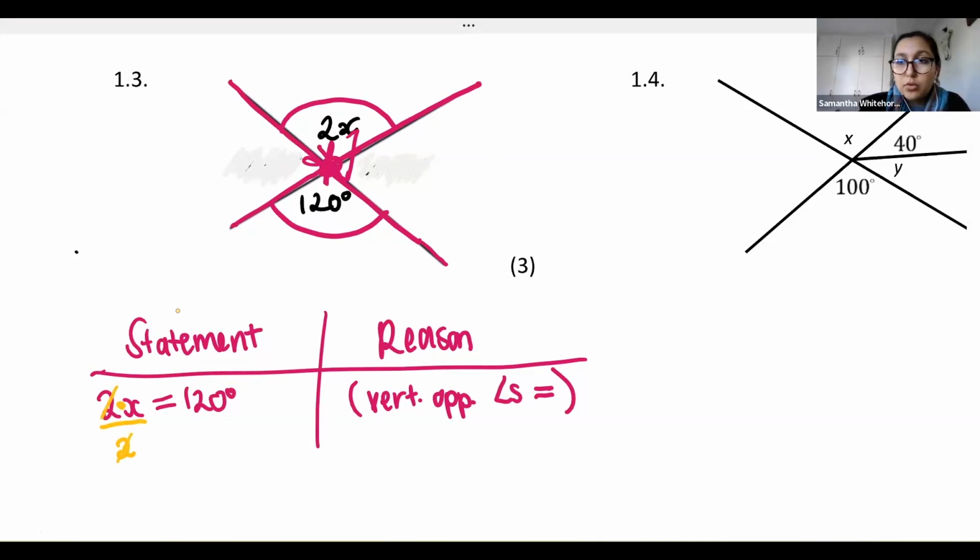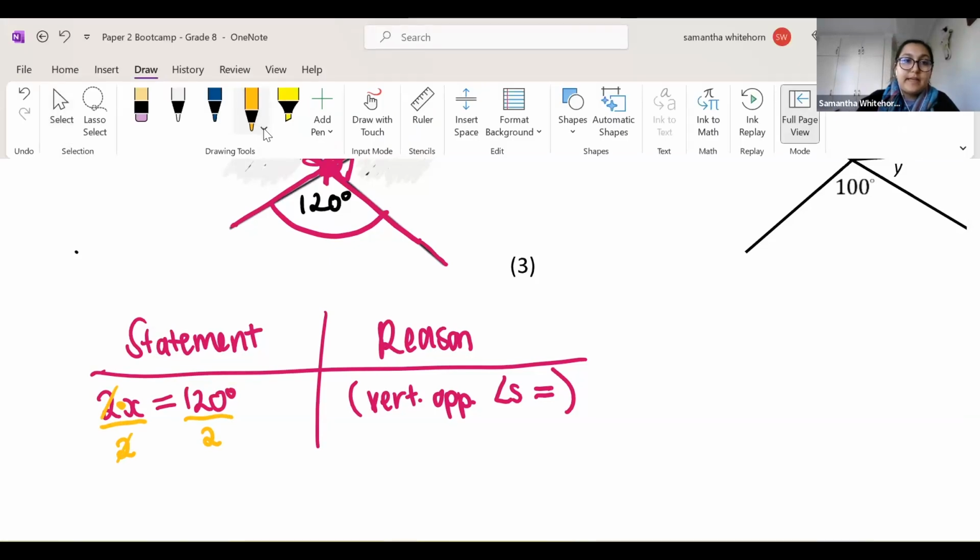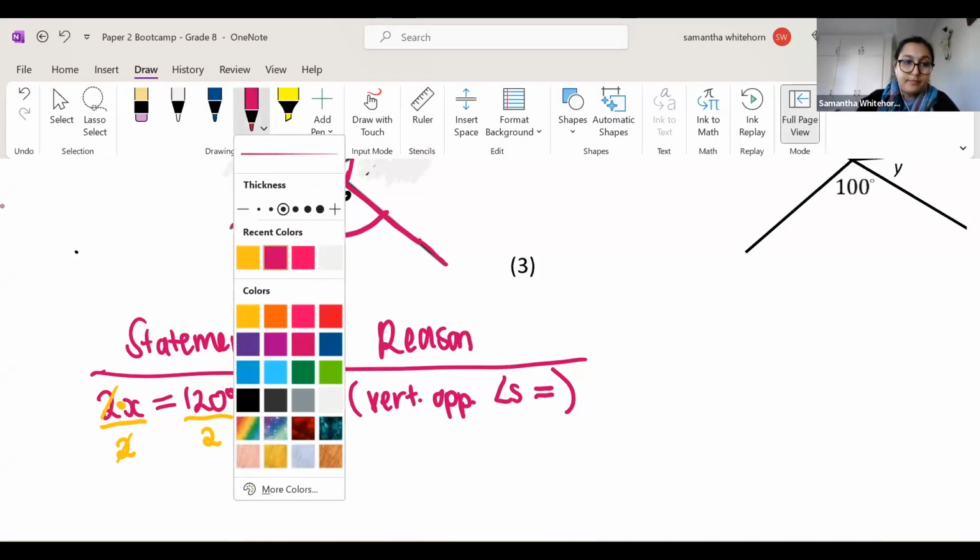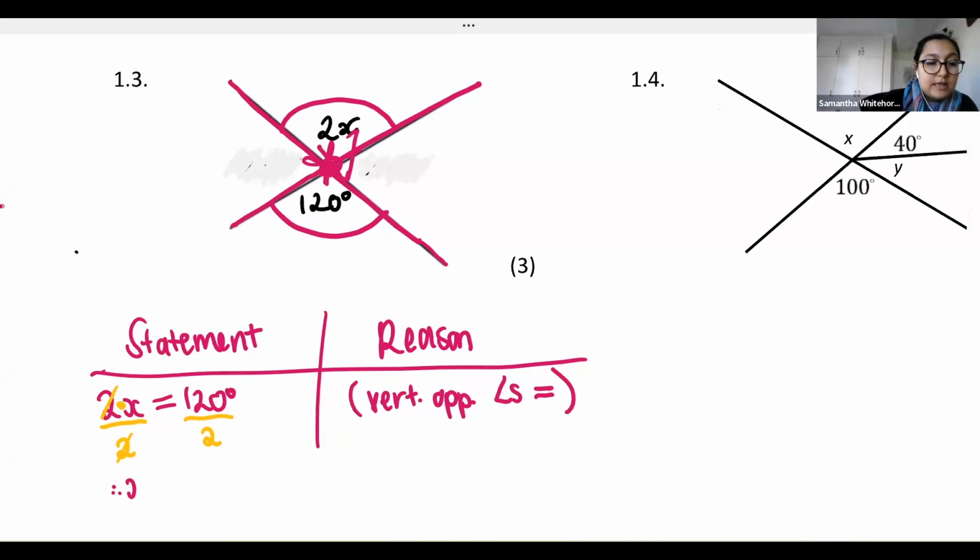But remember, our rule of equations is what you do to one term, you need to do to all of your terms. So I also need to divide the 120 by 2. And so what I get now is the fact that x is equal to 120 divided by 2.